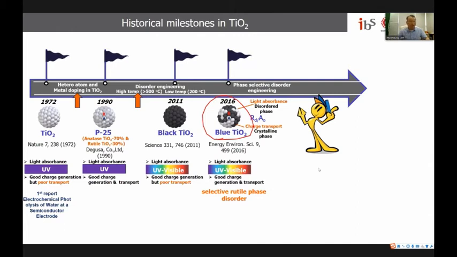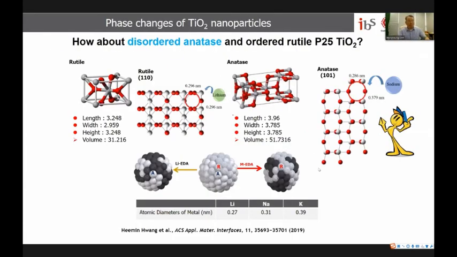This is our finding. So our next challenge is, can we do it the other way? Anatase phase changed, rutile phase not changed. So which is the other way?